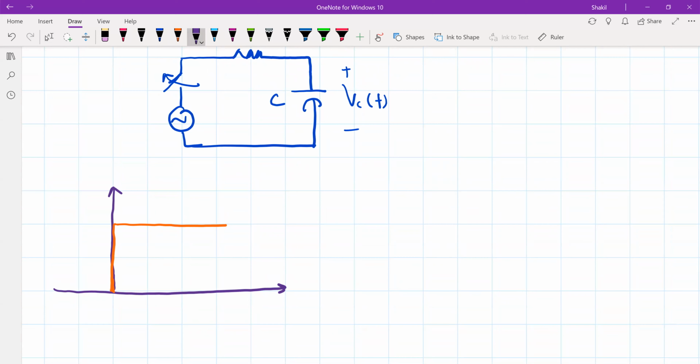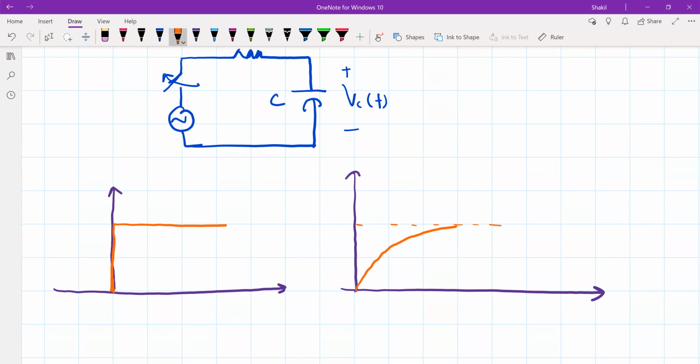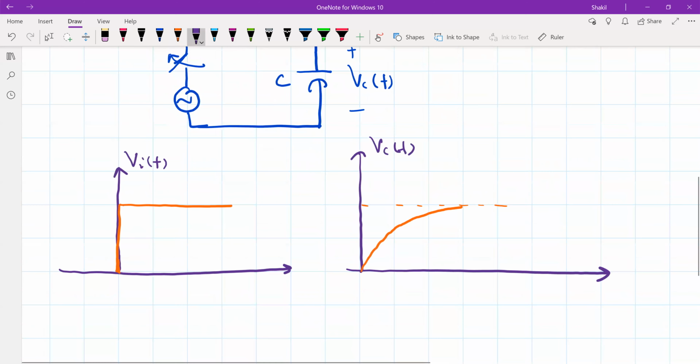We know this capacitor will simply start charging, so this capacitor voltage will start rising and go like this, and it will reach this level, depending upon the RC time constant of this system. So this is our VC, our output voltage, and this is our input voltage. We apply the DC voltage, and the capacitor starts charging.